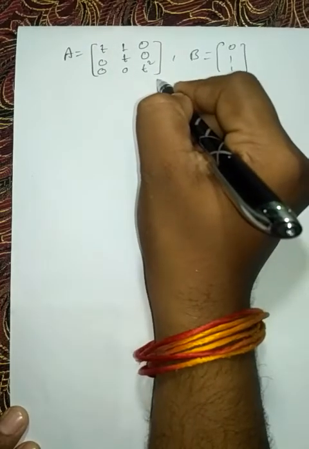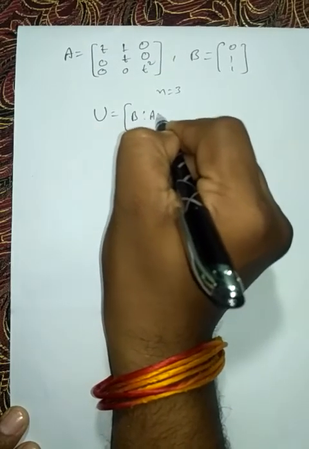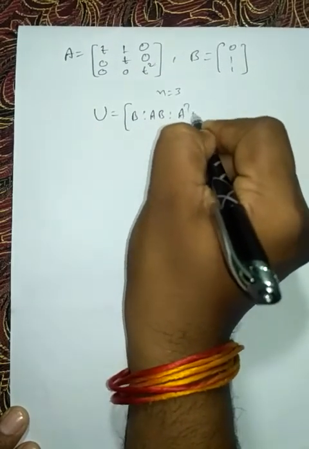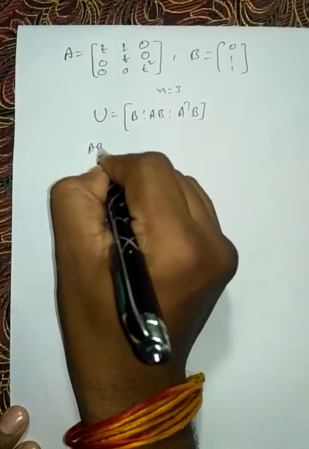In this case, n is equal to 3, so U will be B, AB, and A square B. So first of all, we'll find matrix AB.